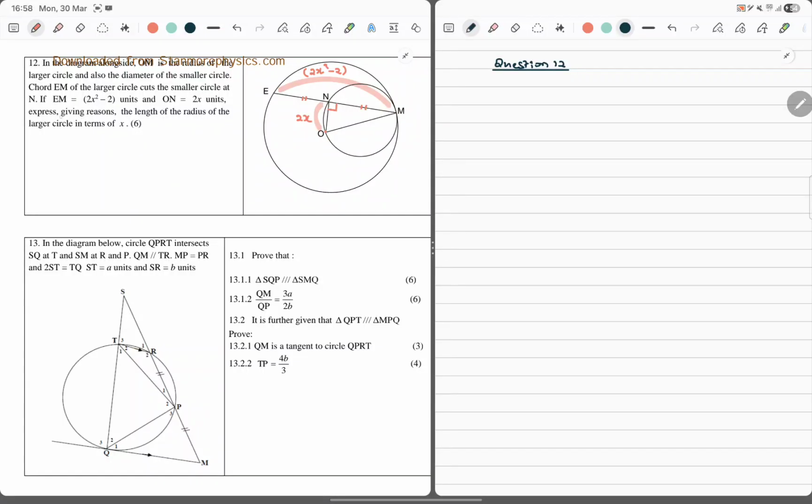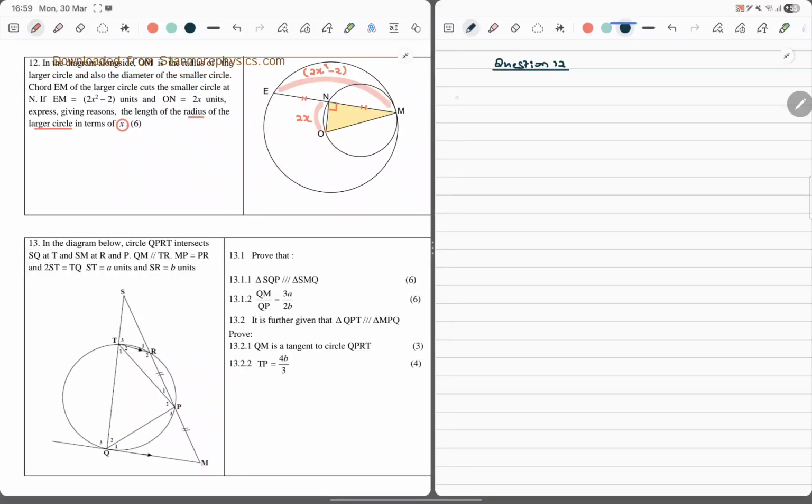Now we are to express, giving reasons, the length of the radius of the larger circle in terms of x. Okay, that's quite easy because we know that at the end of the day we're going to land up in this triangle, right? So we're going to have to use Pythagoras from here. Alright, so this is not too difficult. So let's start.